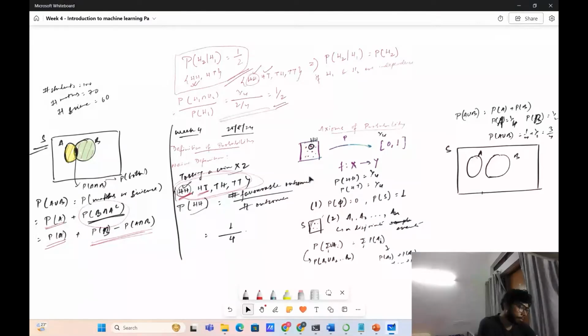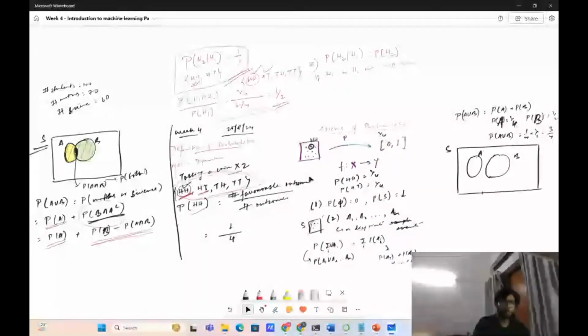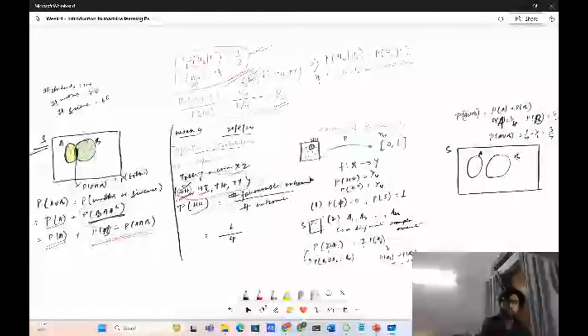What does it mean? You're tossing two coins, so the result of one coin is not dependent on the result of the second coin, right? Because you're tossing different coins individually, considering that both coins are fair. So the probability that you get heads on the second coin is simply P of H2. And what is the probability that you get head on the second coin? Half, right?